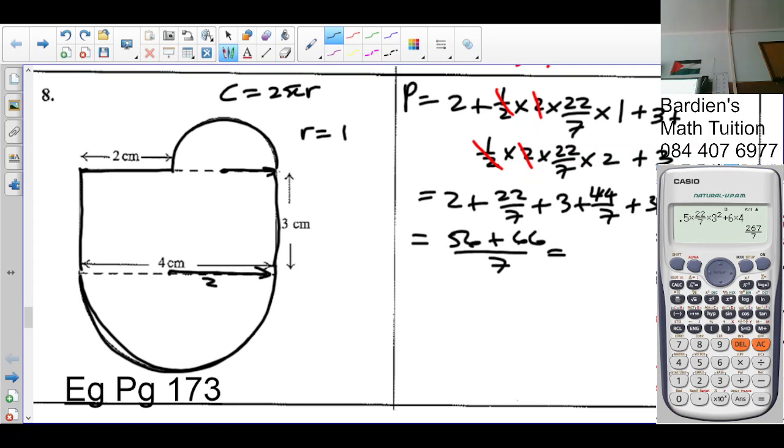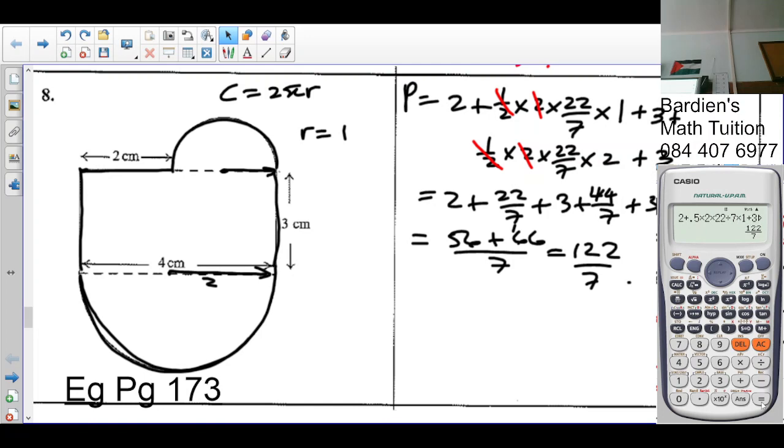That's going to give us 12, carry 1, so I get 122 over 7. Let's check if I'm right. 2 plus a half times 2 times 22 over 7 times 1 plus 3 plus a half times 2 times 22 over 7 times 2 plus 3. 122 over 7.